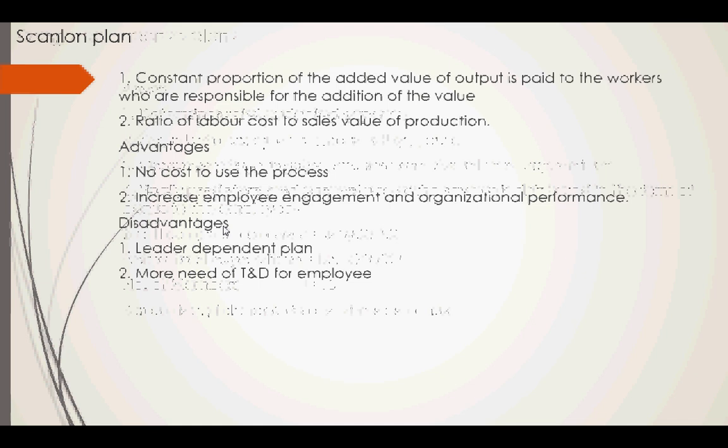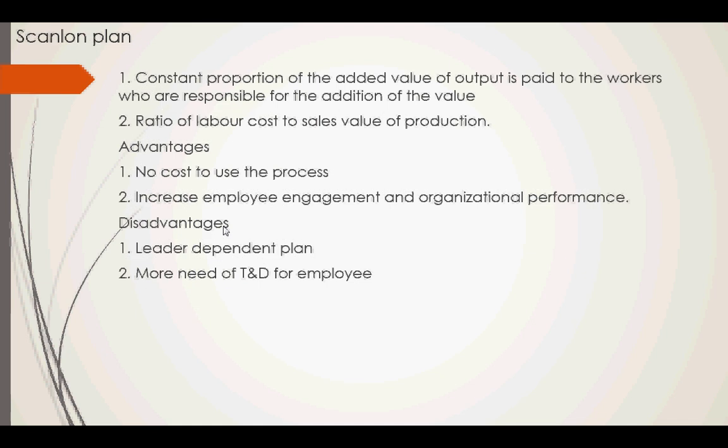Scanlon plan. Here, what happens? A constant proportion of the added value of output is paid to the workers who are responsible for the addition of the value. The percentage of bonus depends on the percentage of value addition, the percentage of output that has been rendered.